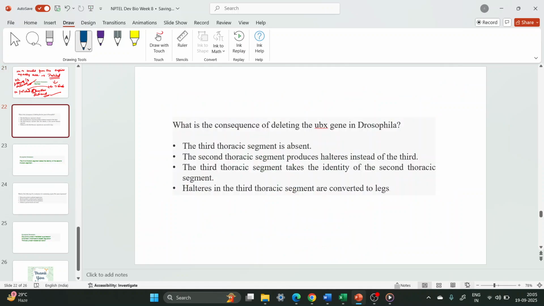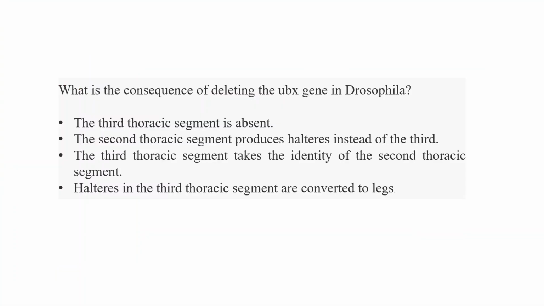Next question is, what is the consequence of deleting the UBX gene in Drosophila? Let me just label it as A, B, C, D. So, what is the consequence of deleting the UBX gene, the ultrabithorax gene, in Drosophila? A. The third thoracic segment is absent.